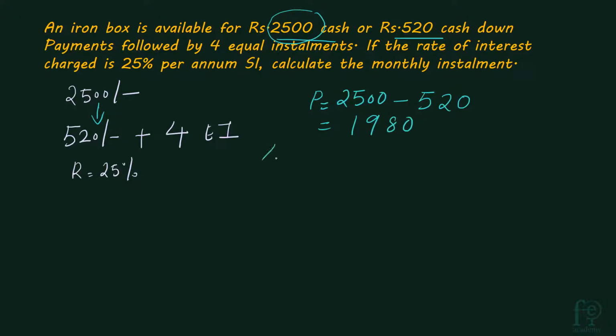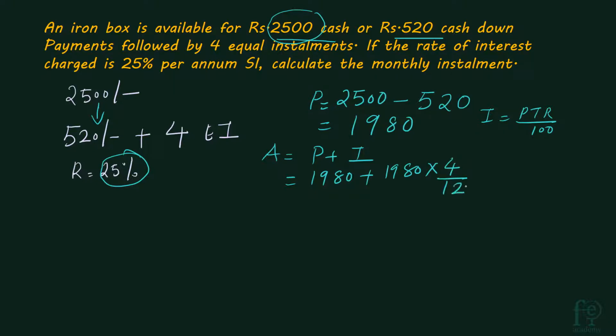Now what is the amount? Amount is equal to principal plus interest. Here the rate of interest is given, so you can go straight away to the formula. Amount is equal to 1980 plus 1980 into PTR divided by 100. I is equal to PTR divided by 100. P is equal to 1980 and T is equal to 4 divided by 12, 4 months.